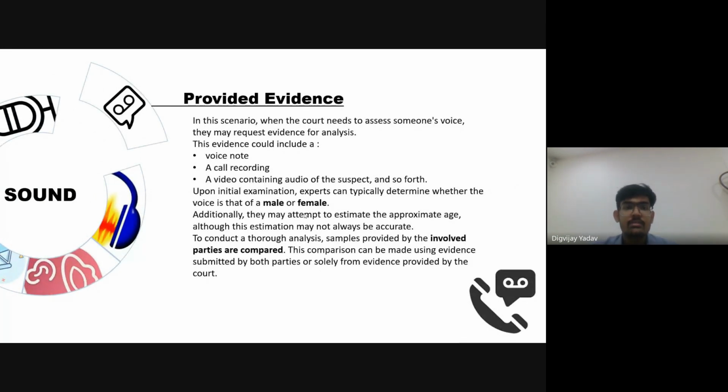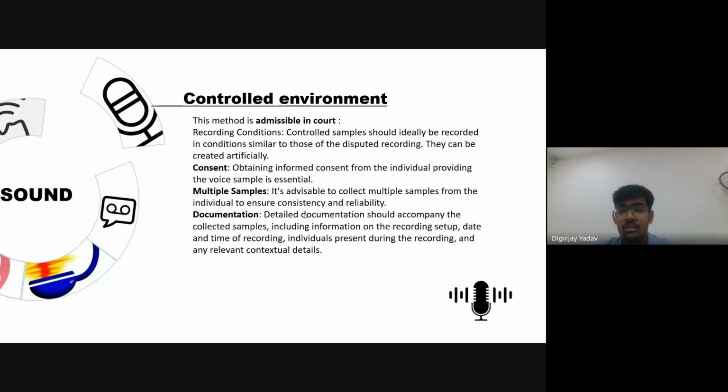So in this, two parties are being involved, the suspect and the evidence, which have been taken from multiple sources, at least 5 to 10 sources, being compared at the same time. So what happens if you don't have evidence that is being provided to you?